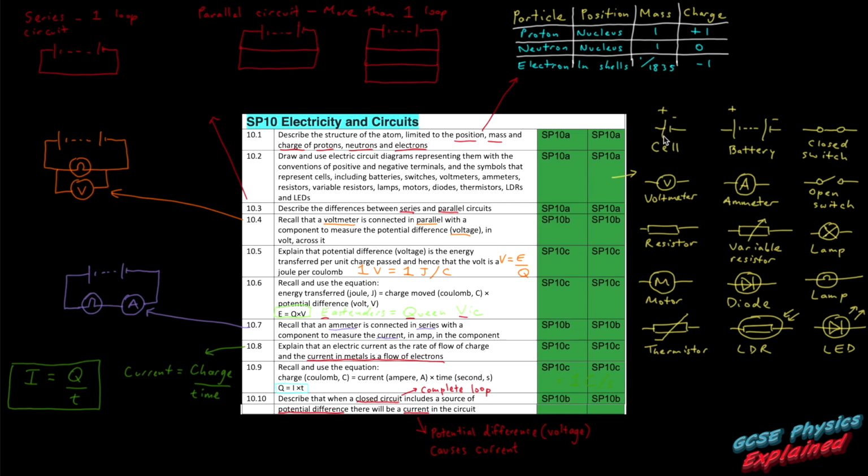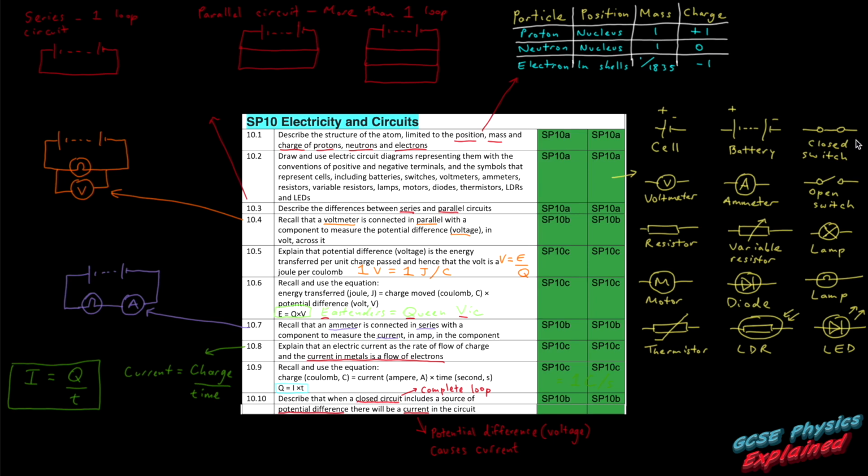So the big side is the positive side and the smaller side is the negative side. And that goes for the battery as well. So we're only interested in the outermost part of the battery there and then the outermost part of the battery there. So that was big, so that's the positive side of the battery, and that was small, so that's the negative side. Closed switch, Harry Potter's glasses.